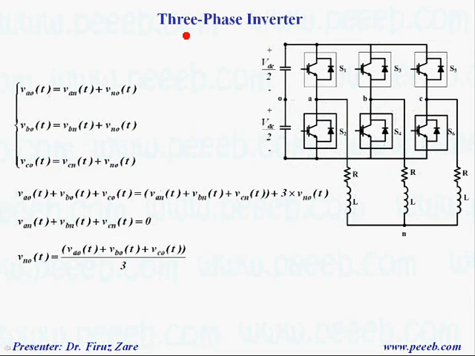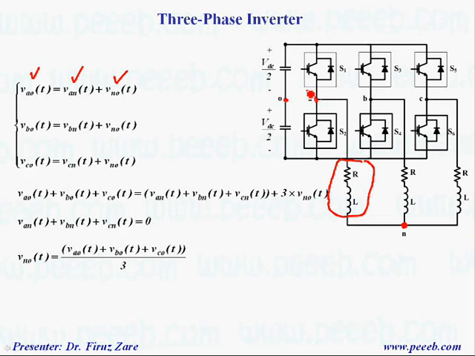So let's start with leg voltage, line voltage, and common mode voltage. In this case, we can define phase voltage, which is VAN. That's the phase voltage for leg A, which is given here. We have this common mode voltage, that means this voltage with respect to this point, which is defined as VNO, and we have also leg voltage, VAO, which is given here.